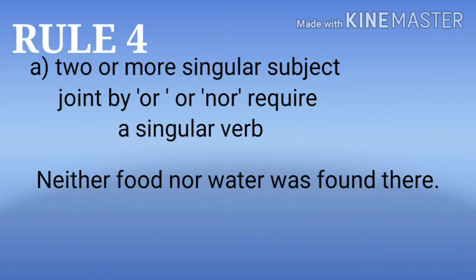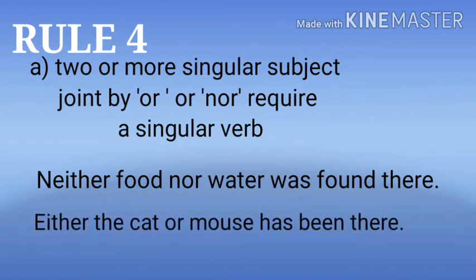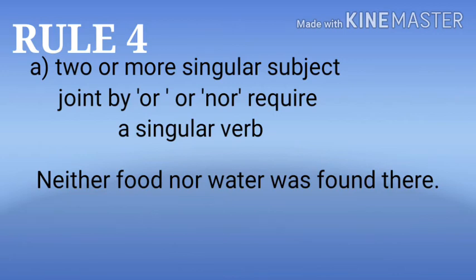The next example: "Either the cat or mouse has been there." Again, we have two subjects, the cat and mouse, which are joined by "or." So, it has a singular verb, "has." Now, this rule has an exception.